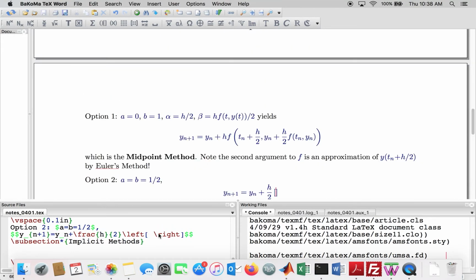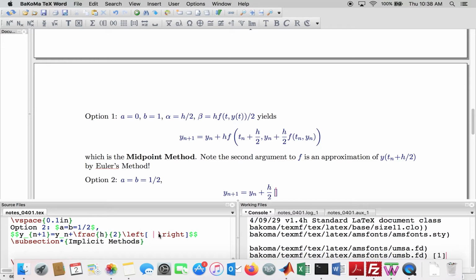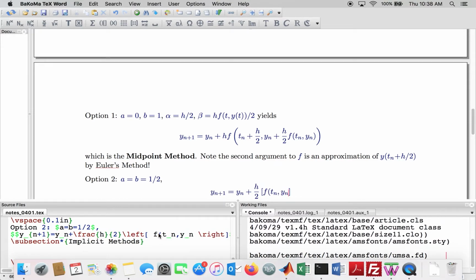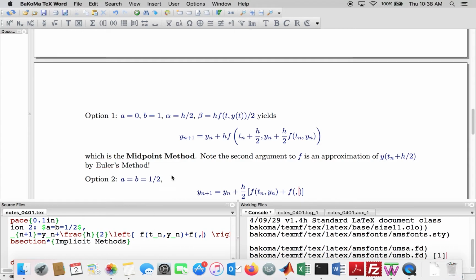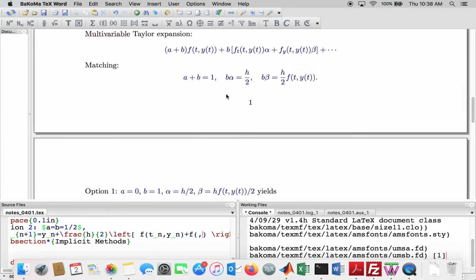Okay, so now I have f of tn, yn for the a term, and for the b term, let's see what the arguments are. If I go back to my equations, if b is equal to 1/2 and b alpha equals h over 2, the 2's in the denominator cancel, so alpha is just going to be equal to h.